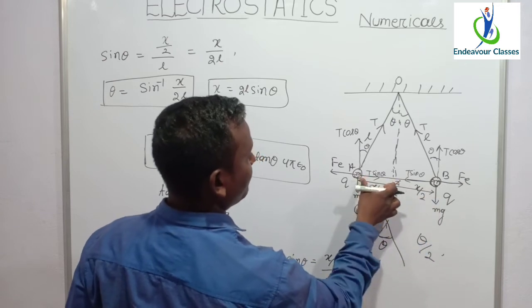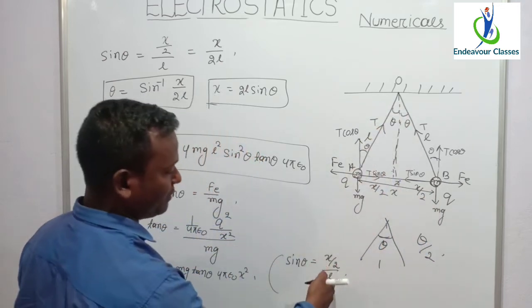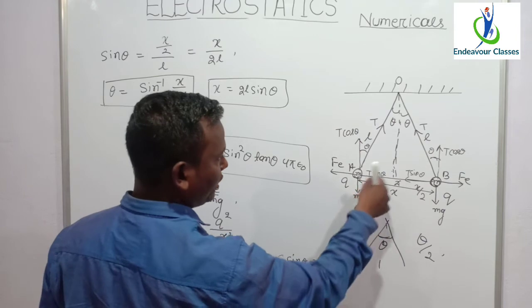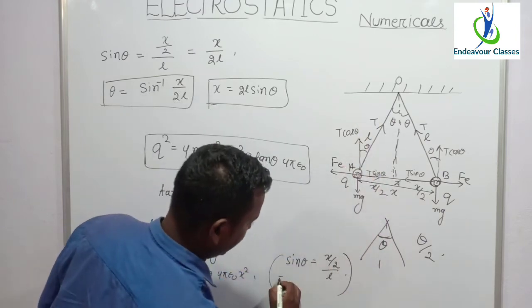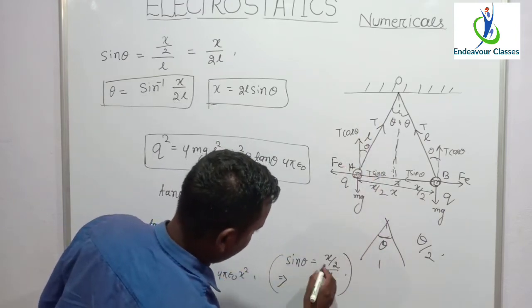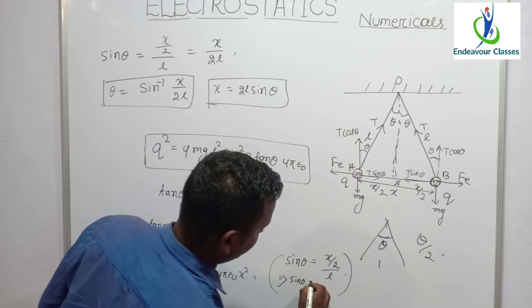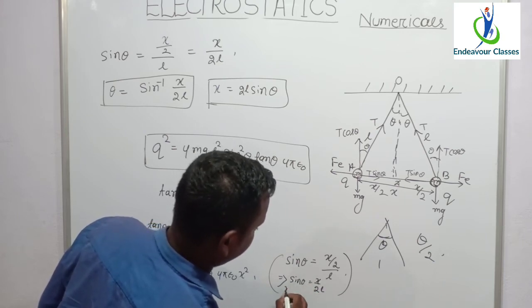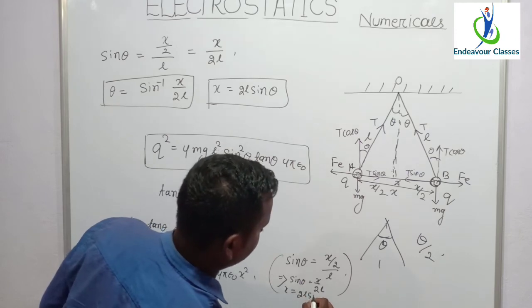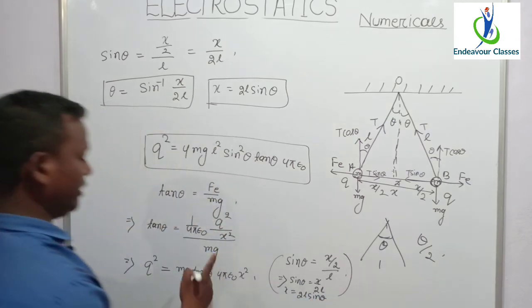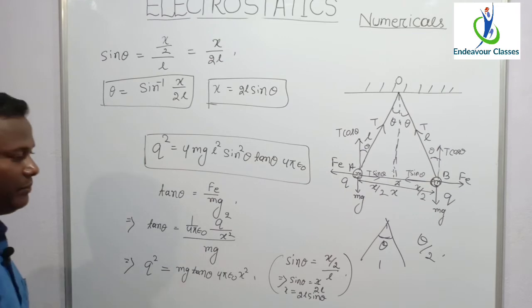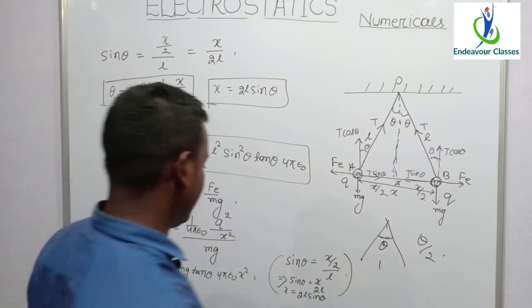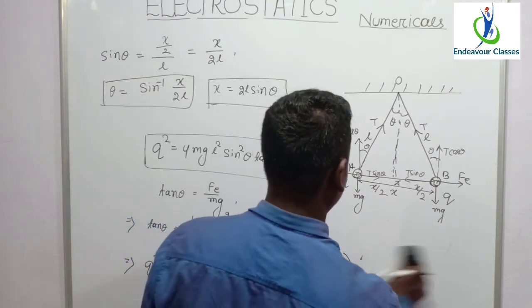So sin theta is x by 2L, or x is equal to 2L sin theta. In place of x we can directly put 2L sin theta.